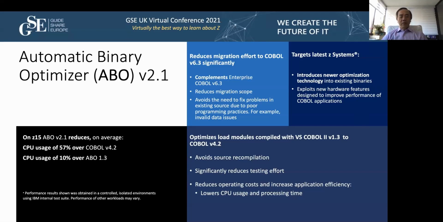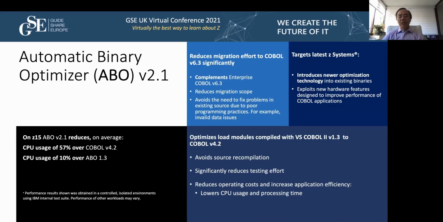And it is complementary to COBOL 6.3 because, as we know, migration is needed to move from COBOL 4 to COBOL 6. Migration usually takes a lot of testing, because there are some existing source problems that you need to fix, right?